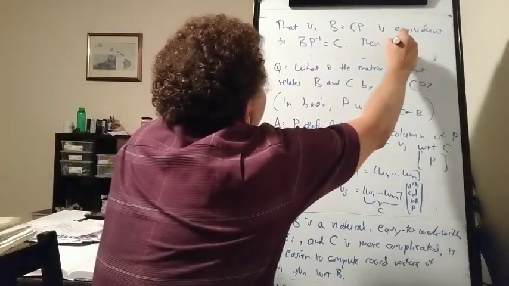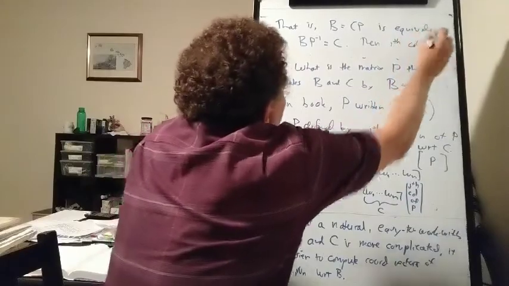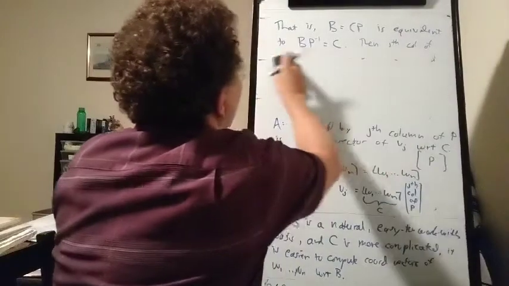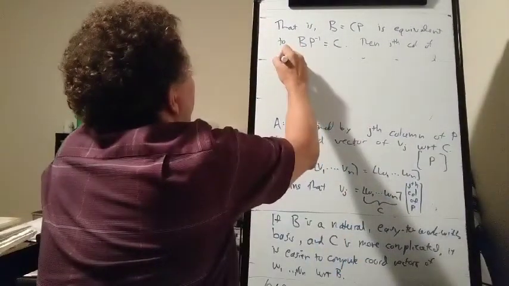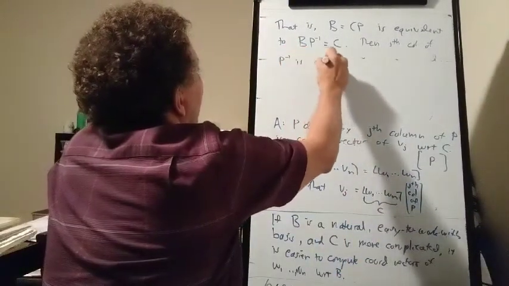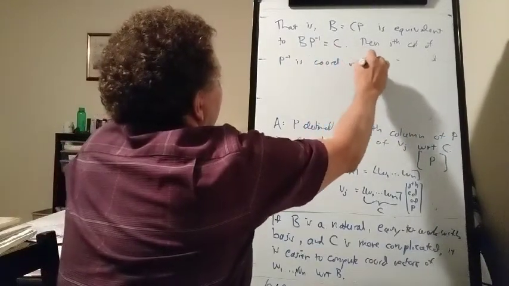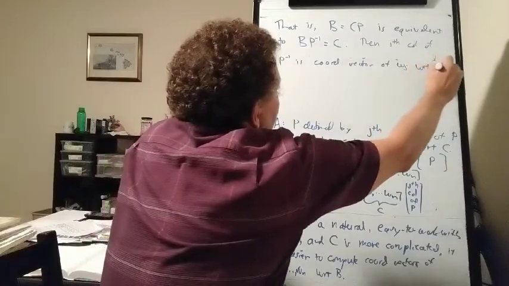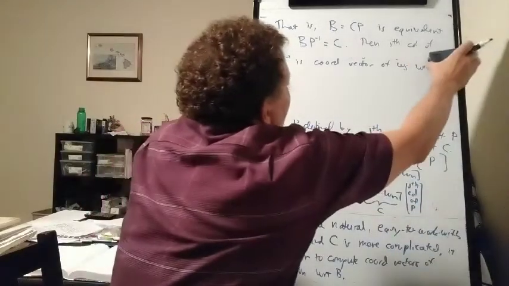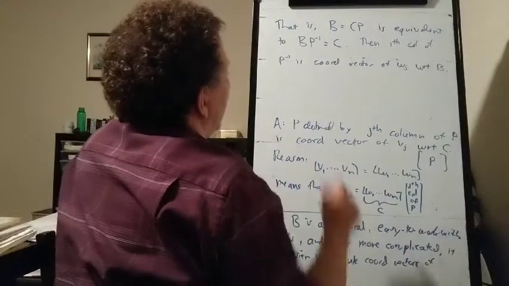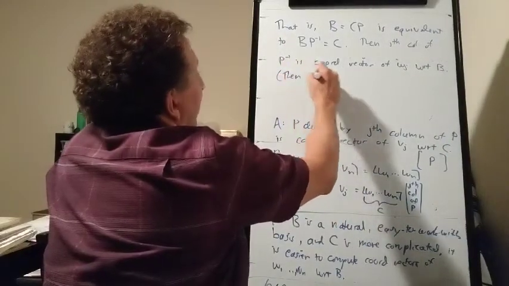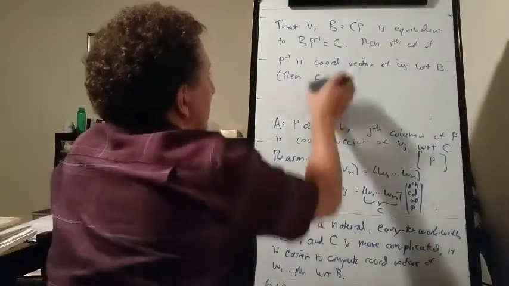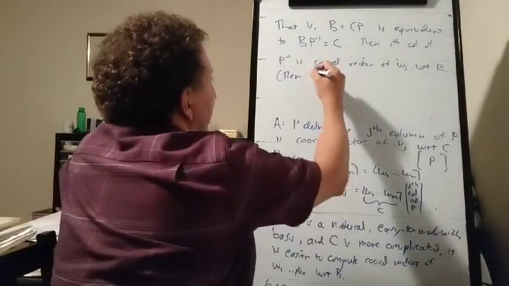So then the jth column of P inverse is the coordinate vector of Wj with respect to B. And then we can always invert P inverse to get P.